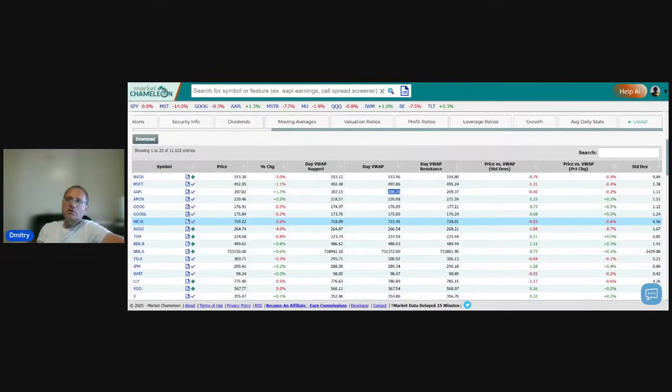The VWAP is an important metric in the financial world and for institutions, because VWAPs are tracked by program trading from their VWAP orders, and VWAPs are used to benchmark price execution.